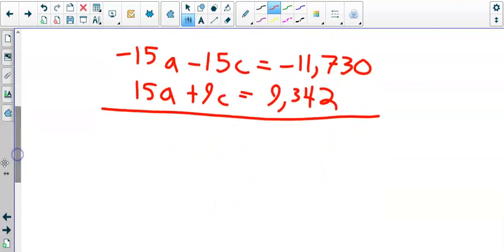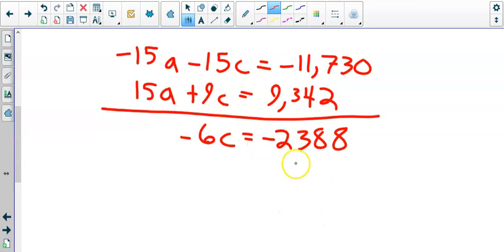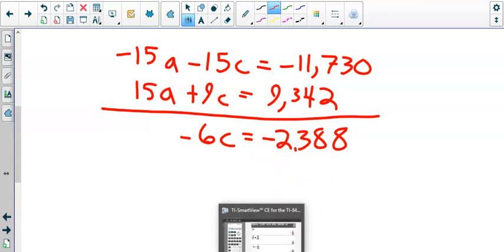So what do we do now? The A's are going to go away, and then we add down everybody else. So what's negative 15C plus 9C? Negative 6C equals, what's negative 11,730 plus 9,342? All right, what do we do now to solve for C?